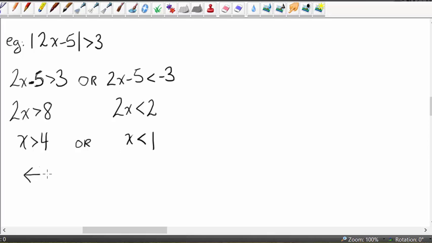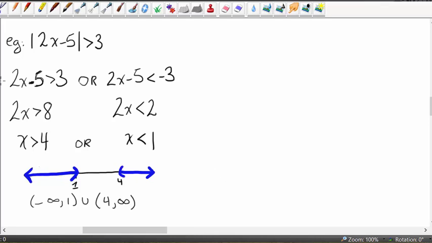On the number line, we want all of the stuff that's greater than 4 or less than 1. And it's strictly less than, strictly greater than, so we don't include the endpoints. So what that gives us is the interval from negative infinity to 1 union with the interval from 4 to infinity.